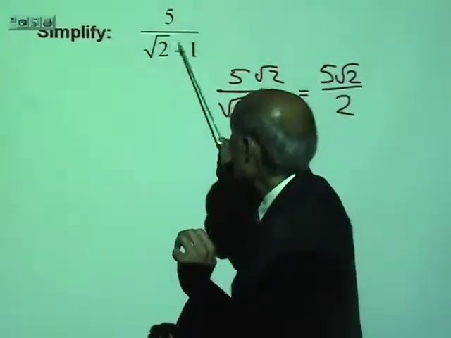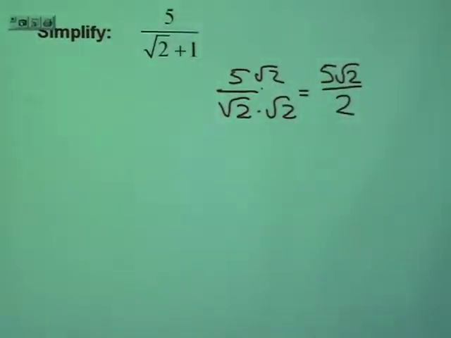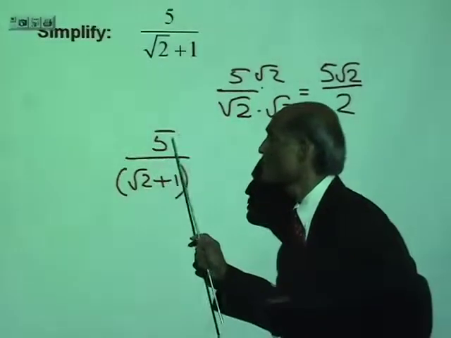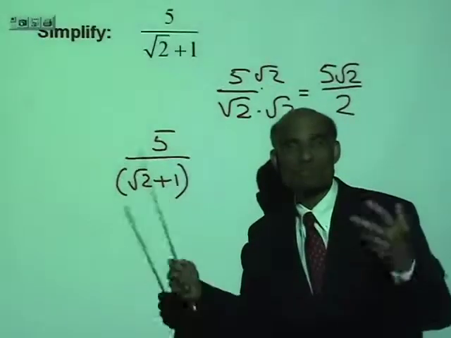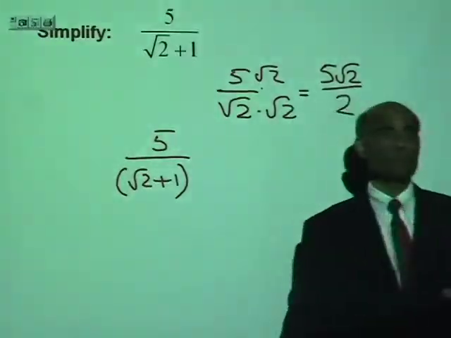You can only multiply this whole quantity. Now, that means you must understand this as 5 over quantity square root 2 plus 1. You see, if I want to multiply, suppose I multiply denominator and numerator by square root 2. Will it help us? Well, let's try it.